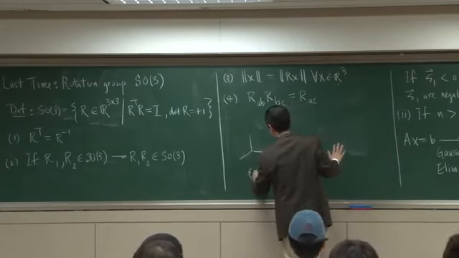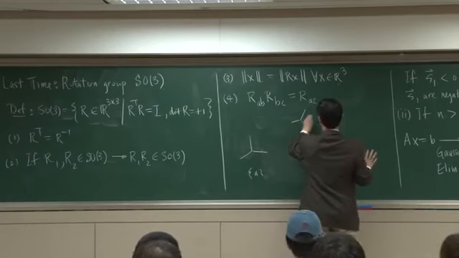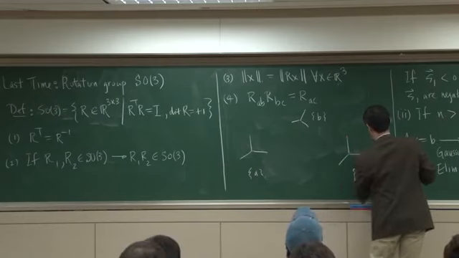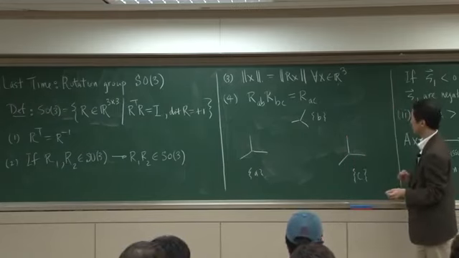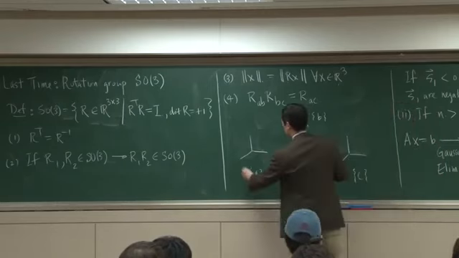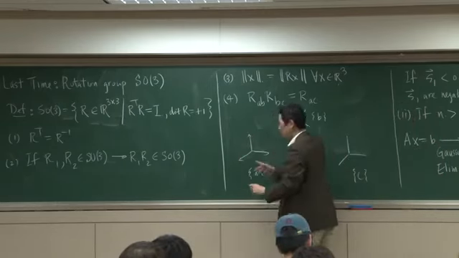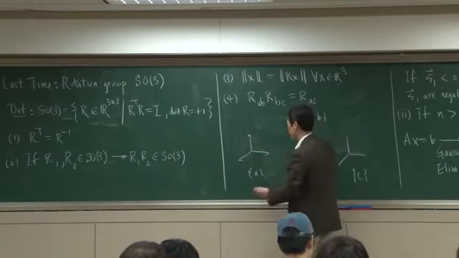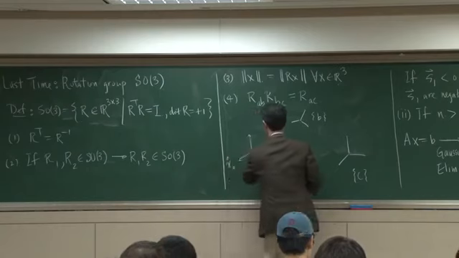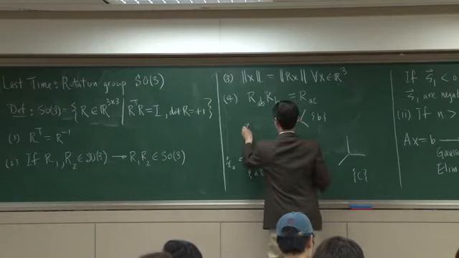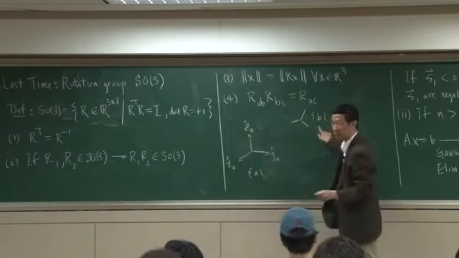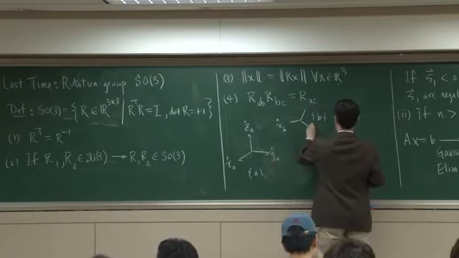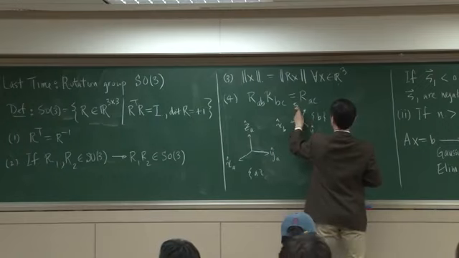If we have three reference frames, A, B, and say C, the unit axes of the A frame, let's label them XA, YA, and ZA. Similarly for the B frame, we have XB, YB, and ZB.